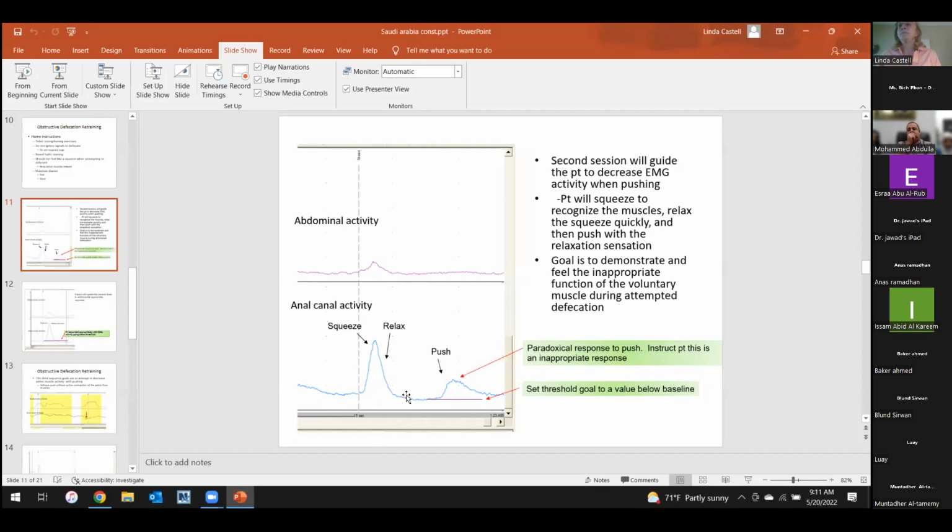Another question: you said that to ease defecation or to relax the muscle, you instruct the patient to elevate their feet. By what mechanism? By relaxation of the puborectalis? Sorry, can you repeat the question?